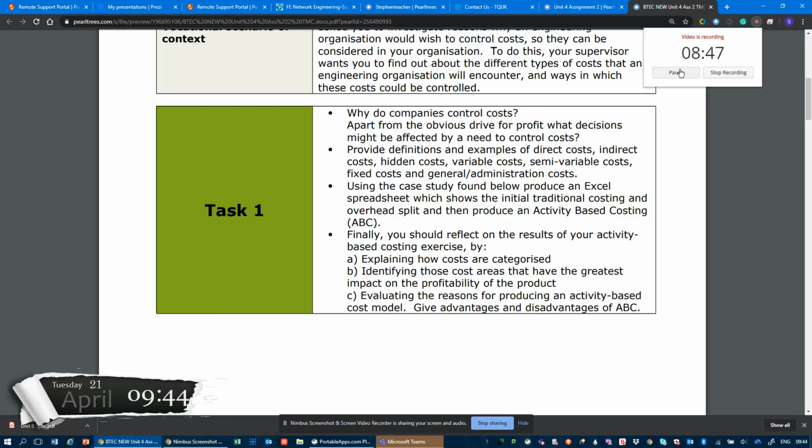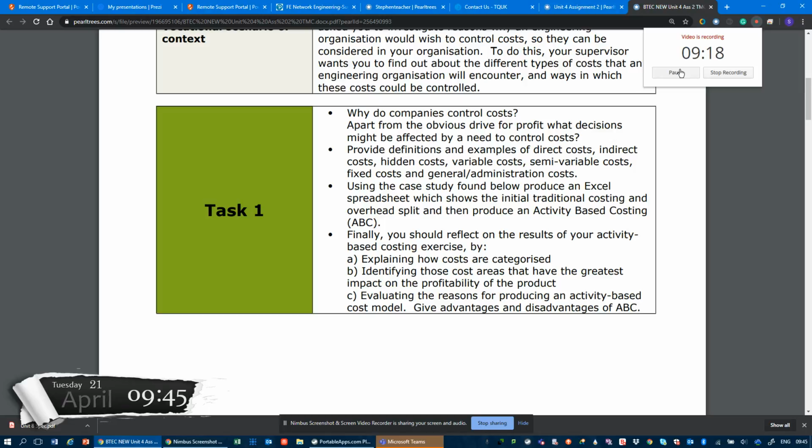So direct costs are easy to work out, easy to see. Okay. Indirect costs are a little bit more difficult. Indirect costs are also called overheads. Okay. So indirect costs are people and things that don't directly contribute to the product.